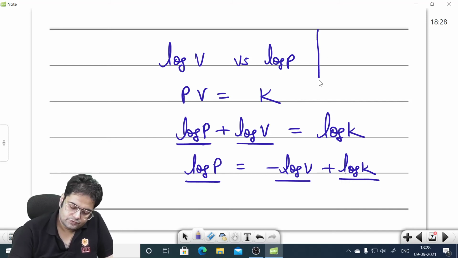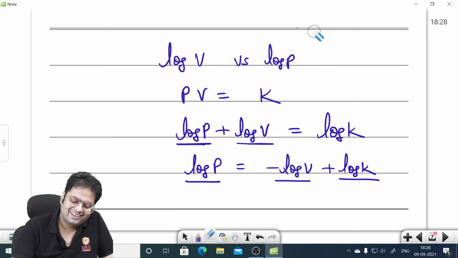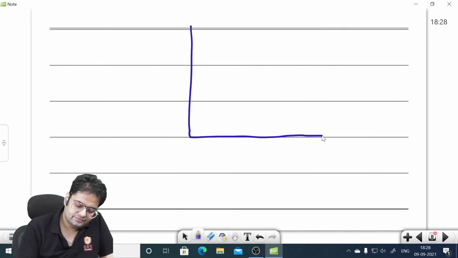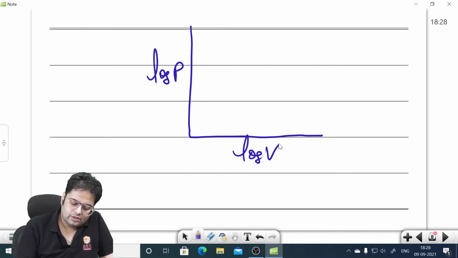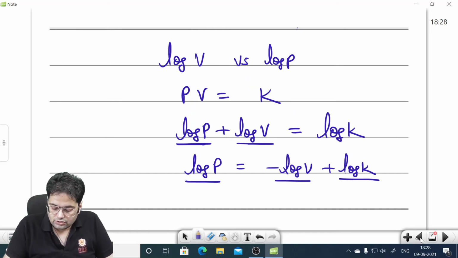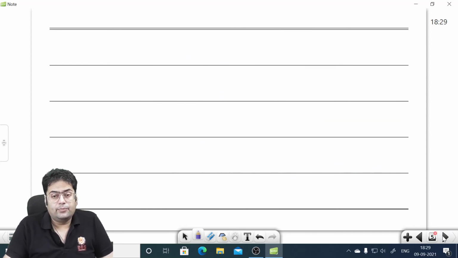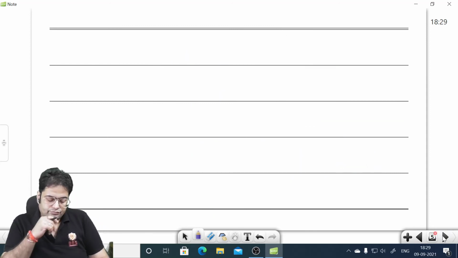Fine. So the graph will be like this with a negative slope. We can draw it on the next page. Log P versus log V with a negative slope. Clear?